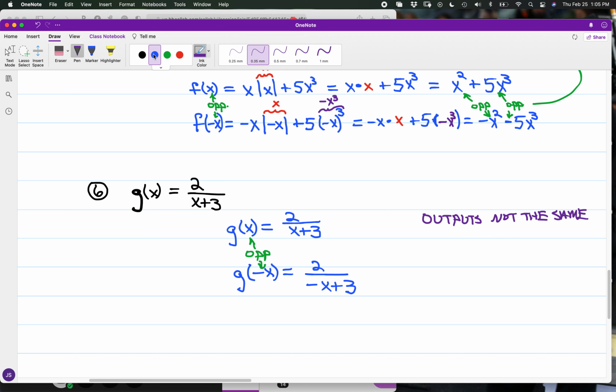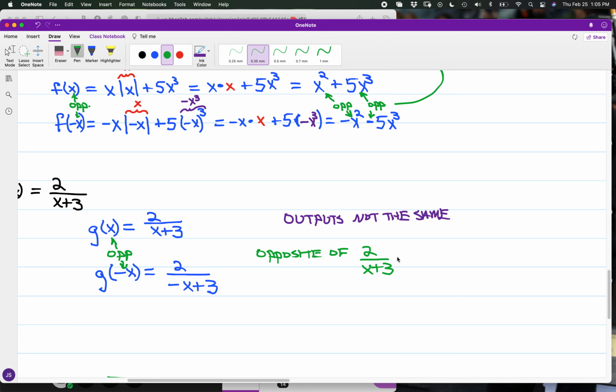Let me just mention: the opposite of 2 over x plus 3, if you're looking at the additive inverse, would be negative 2 over x plus 3.